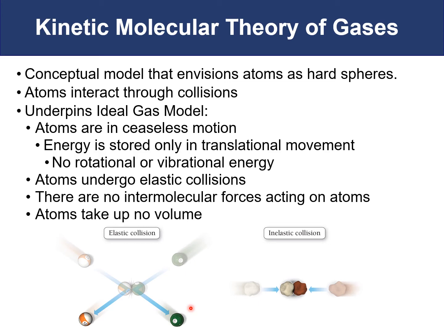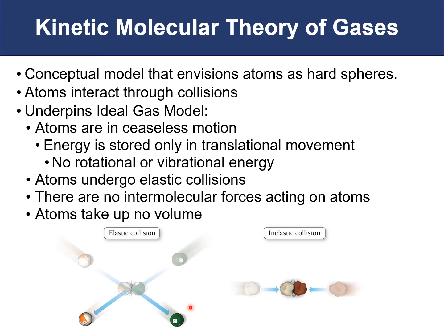Now, if you think back to the first semester of general chemistry, you have bonds that bend and stretch, and that's how they interact with light. The ideal gas model sort of simplifies the kinetic molecular theory by removing our consideration of rotational and vibrational energies.